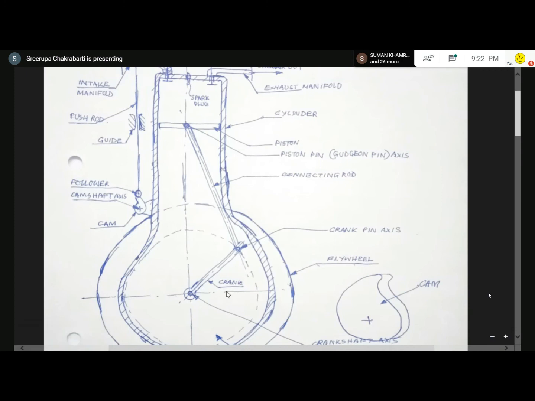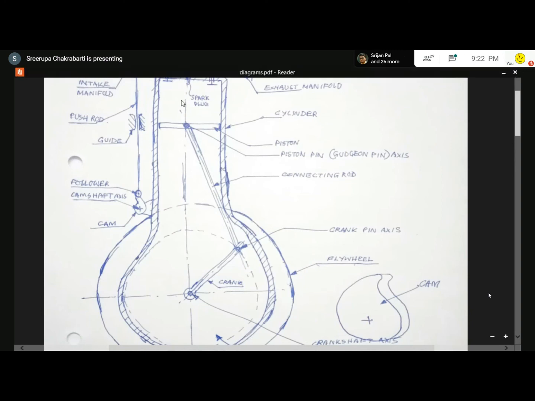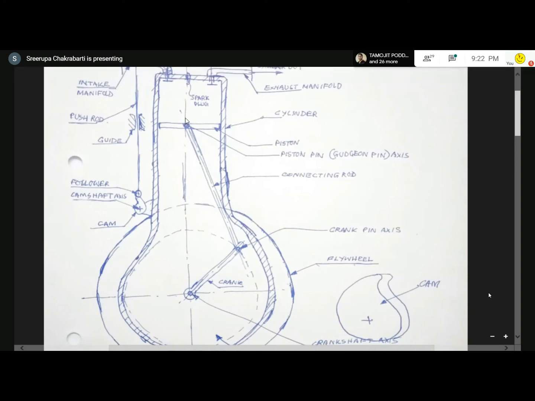Sir, can you again repeat the relation of the reciprocation and rotation? Yes, that is what I am now trying to tell you gradually. When the piston is at the top dead center, the piston pin is somewhere here, and the connecting rod becomes vertical.